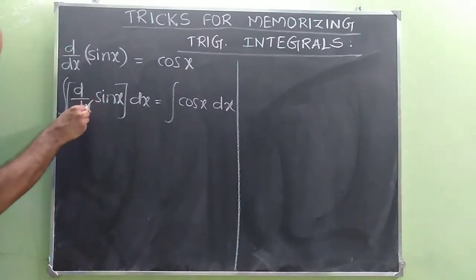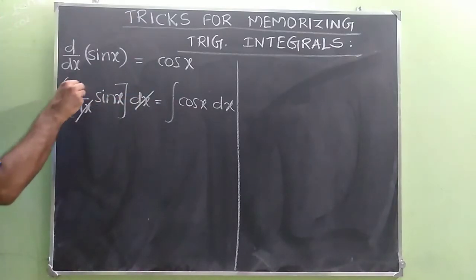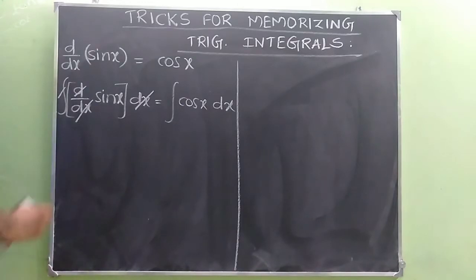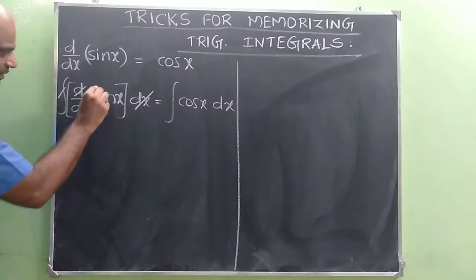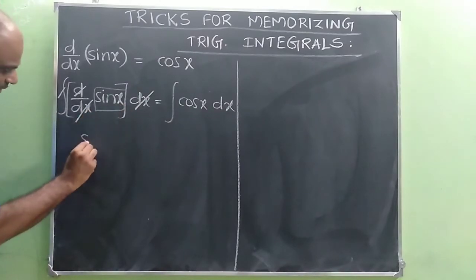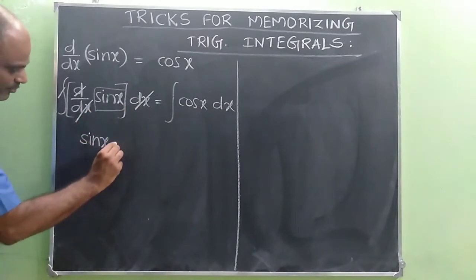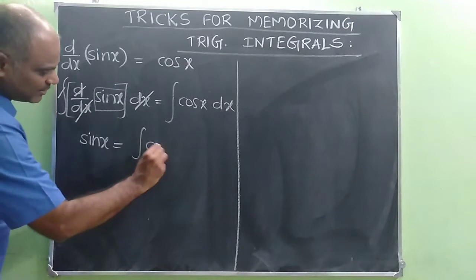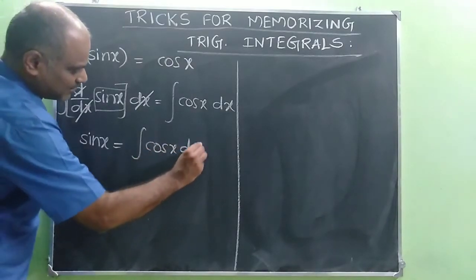See here, we cancel both the dx, and integration and differentiation are inverse processes, so we cancel the integration and differentiation. Finally we get sin x equals integration of cos x dx.